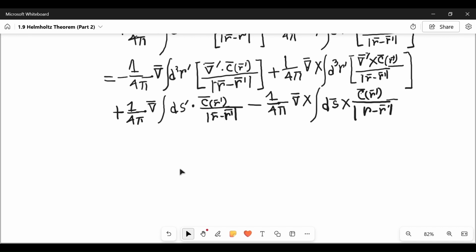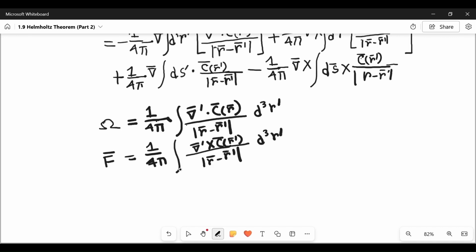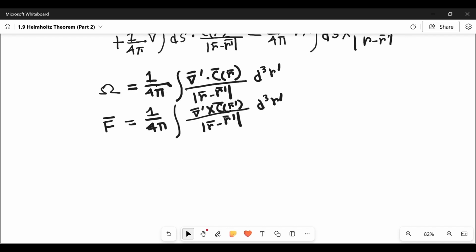So we had a condition in this theorem, which is that these two integrals have to converge. In this situation, dimensional analysis helps. So let C be a function of order r to the power a.